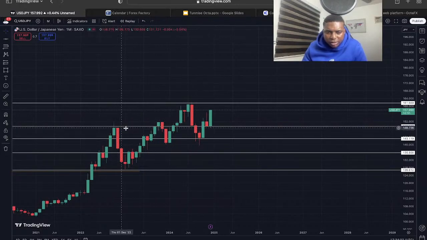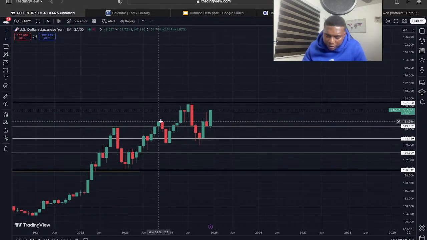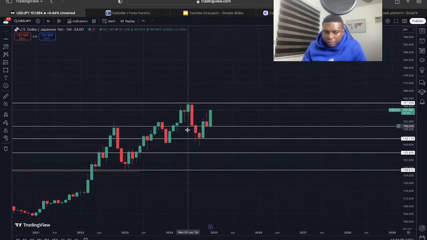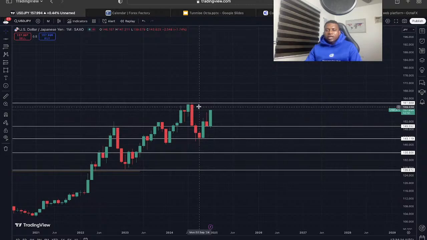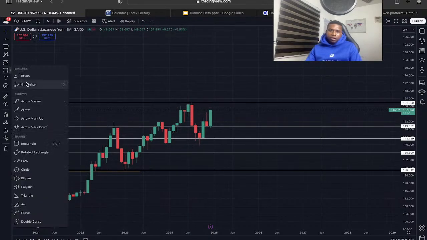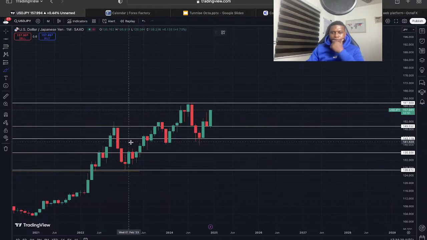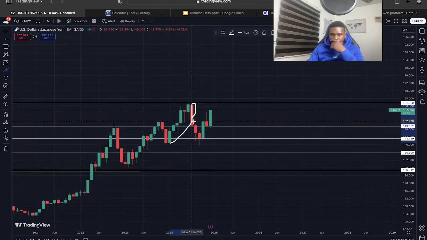So you can see this is a key level because price got here and was reversed. So that's why this is a key level. Now we can see how price rallied up, then from here dived down.